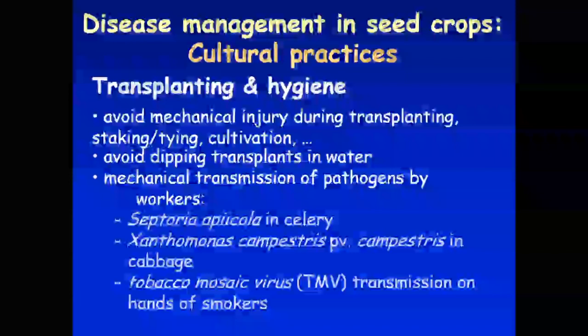Otherwise, it'll snap over. Now, what happens when you're cutting and moving from plant to plant? You're carrying sap from one plant to the next. And if Xanthomonas is in that field, that's a good way of spreading the bacterium. So again, this whole issue of spreading things, particularly if the canopy is wet and you're walking through the field, picking up the bacterium on your clothes and spreading it down the row.